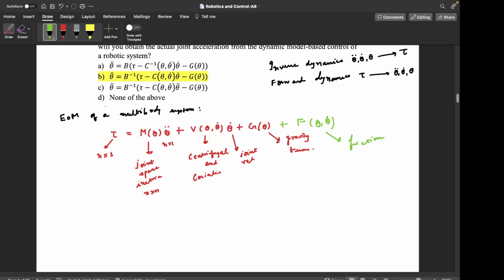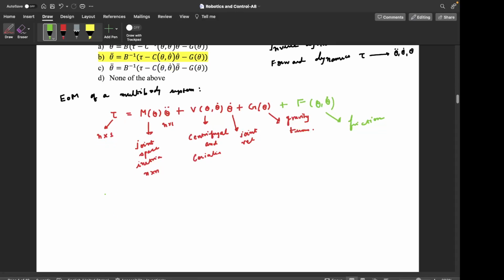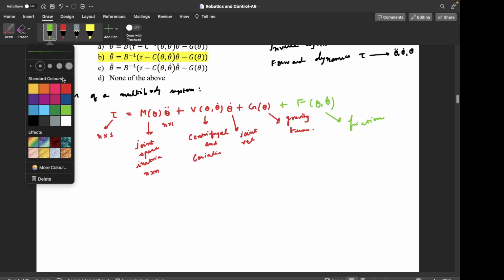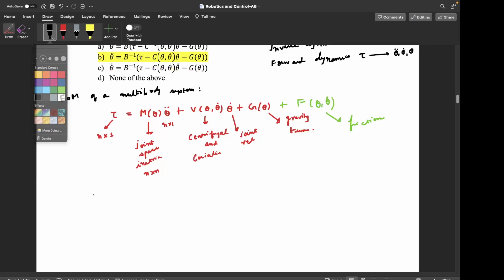So basically you can rewrite this equation so that theta double dot is the only term on one side.